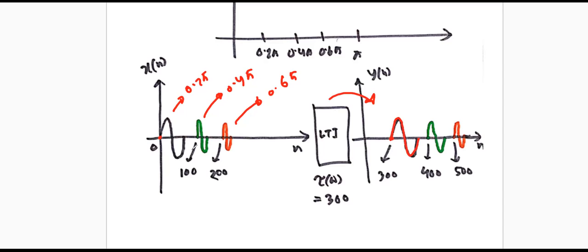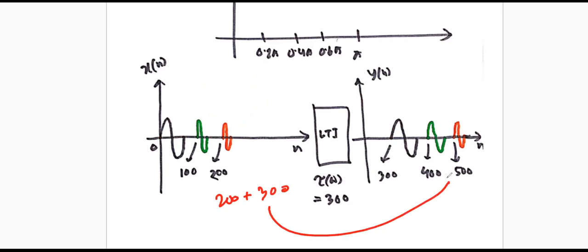For the second one, it actually starts at the location of 100. Now it will be delayed by 300 samples, so it should start at 400. Okay, fine. What about the last one? This starts at 200, so adding the 300 delay, it will start from 500.